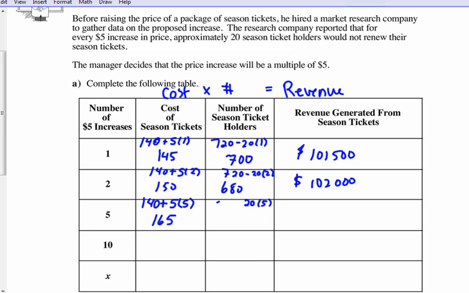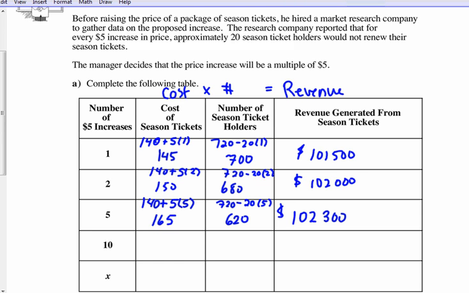So 720 minus 100 would give you 620. 620 times 165 is 102,300. Did we skip some here? We skipped 3 and 4. Are we still making more money? Yeah, so we know it's at least 5 increments or higher.